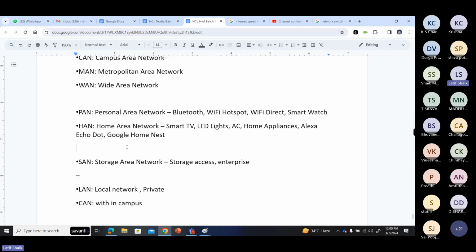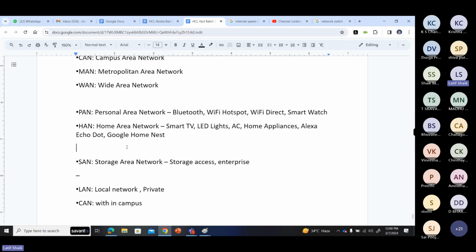Storage area network is a real network, but it is not related to our home, an office, or an organization. It is enterprise. As I said, I have a head office. In the head office, I have storage servers and storage devices.